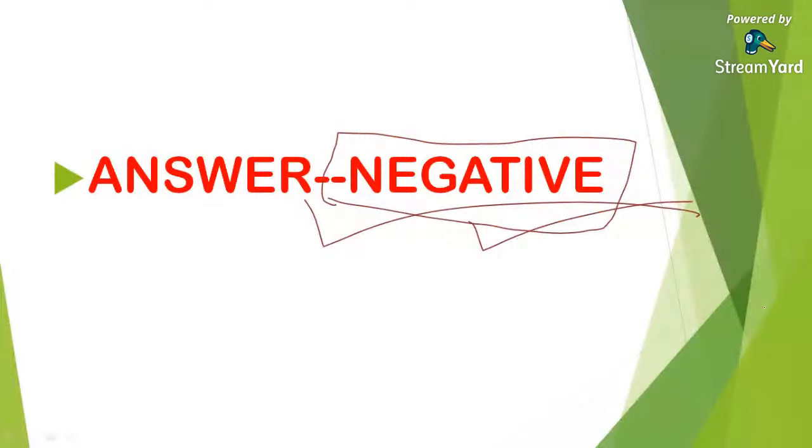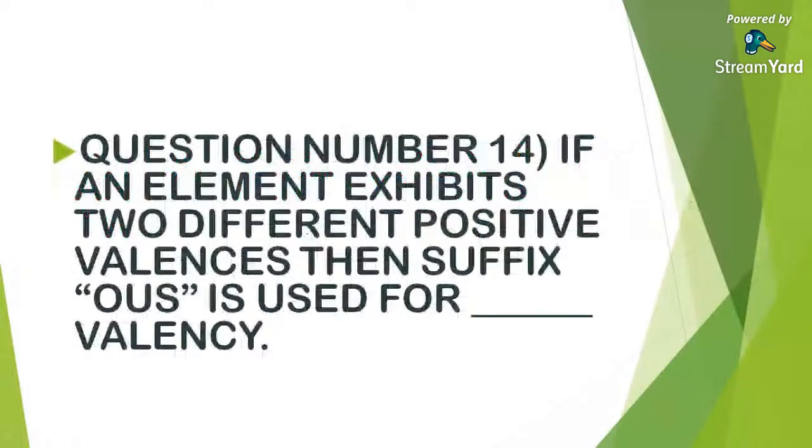And all non-metals are what? Acid radicals. So examples of basic radicals can be hydrogen, sodium, ammonium, zinc, iron, copper. They are all metals and they all are basic radicals. They have the positive charge and they are also called cations. Okay. So now the next question is question number 14.